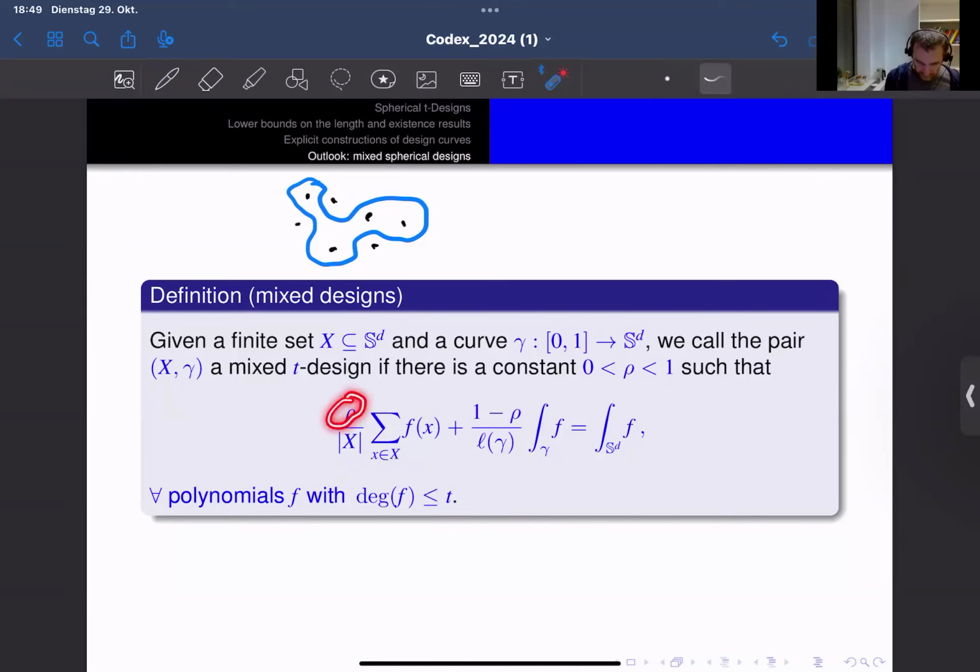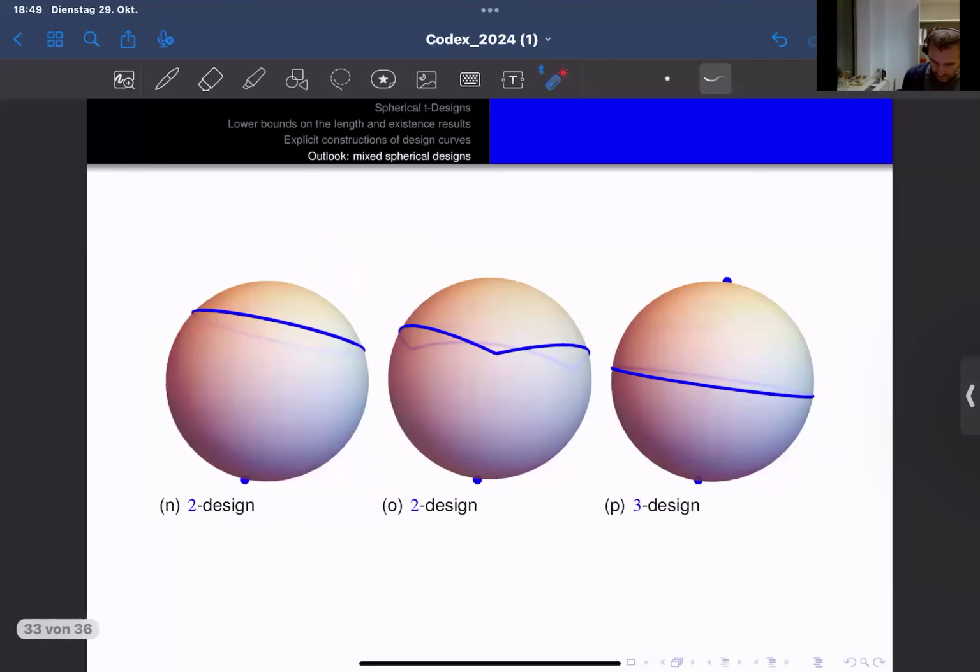If this here is rho, this contribution needs to be 1 minus rho because it has to be a convex linear combination, because f could be the constant function, and then the right-hand side equals 1 because we look at normalized measures, and then this needs to add up to 1. So it's rho and 1 minus rho, and we can have examples.